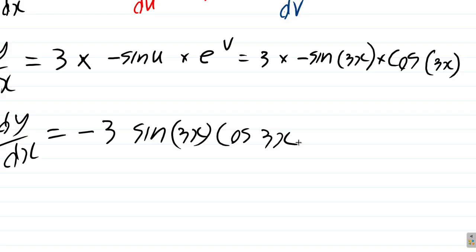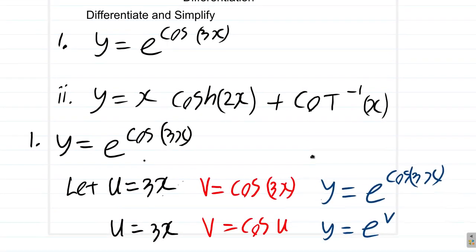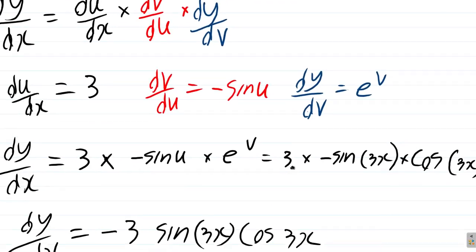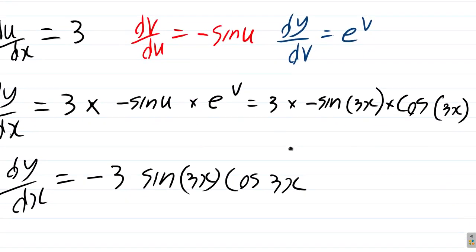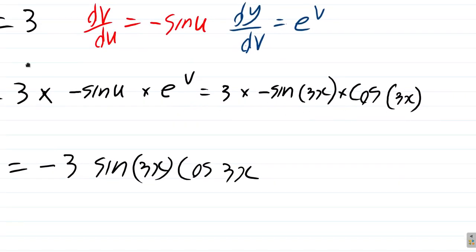Alright, so negative 3 sine 3x cos 3x. Oh, it's e to the negative. What did I go wrong? I missed this part out, it is e to the cos. Somehow I missed that part out.